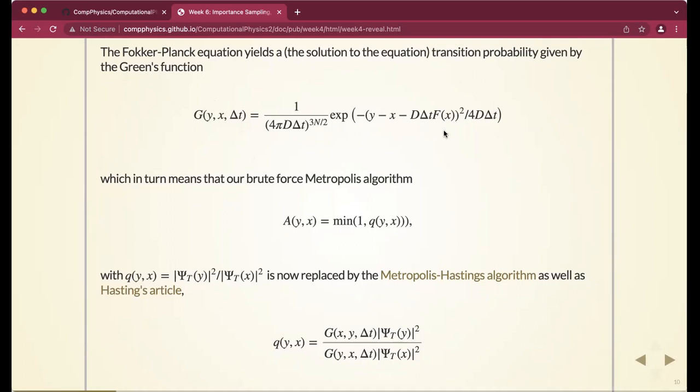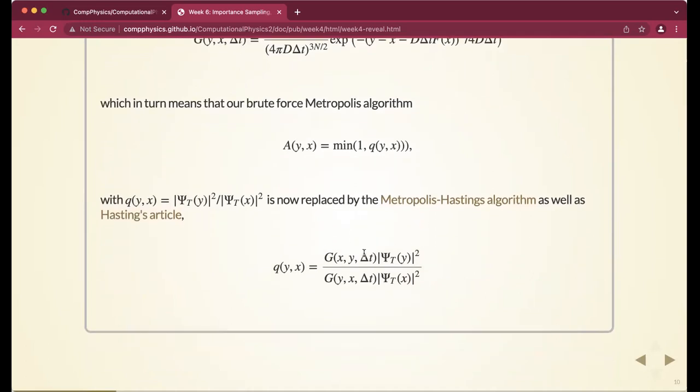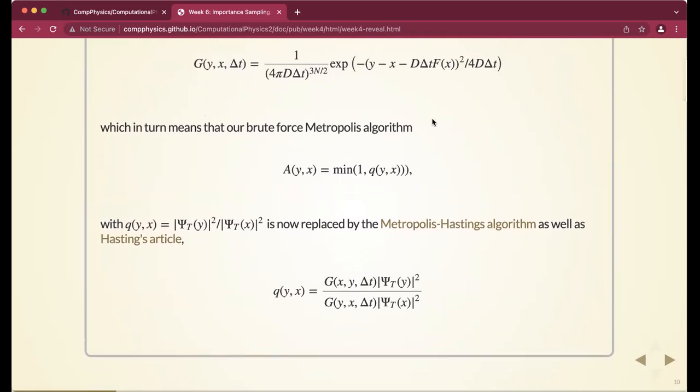So in the Metropolis-Hastings ratio, the g of x to y and g of y to x are not going to even out in the sense that we just get 1 as a ratio between the two, but we will actually have something which depends on this specific quantum force, which is given by the trial wave function which we have.